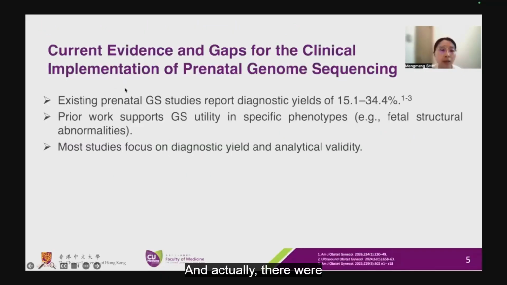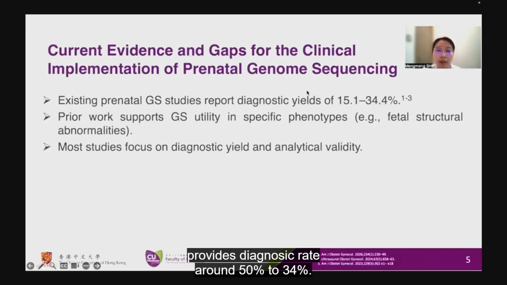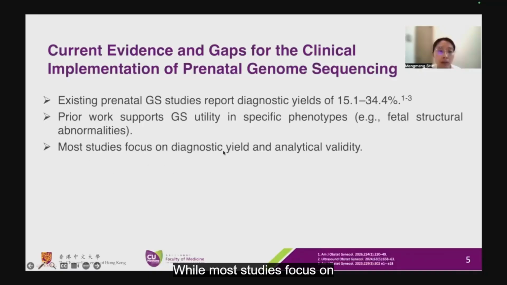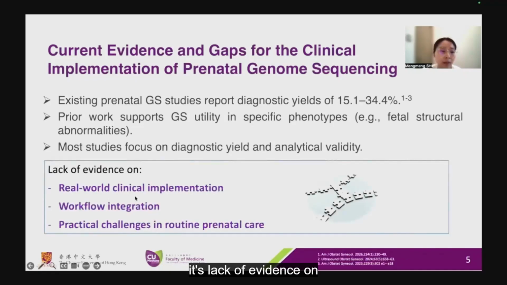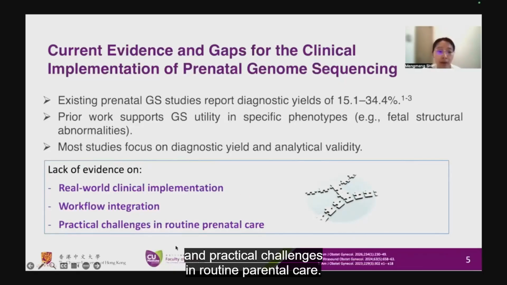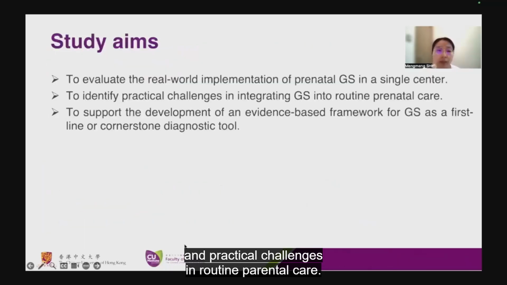And actually, there were some prenatal genome sequencing studies that provide a diagnosis rate around 50% to 34%. And they have supported the utility of this test in specific phenotypes, like the fetal structural anomalies. While most studies focus on the diagnostic yield and analytic validity, there is a lack of evidence on the real-world clinical implementation, workflow integration and practical challenges in routine prenatal care.